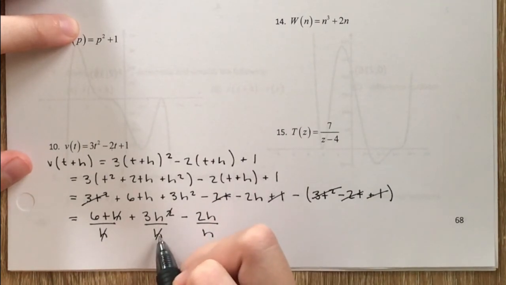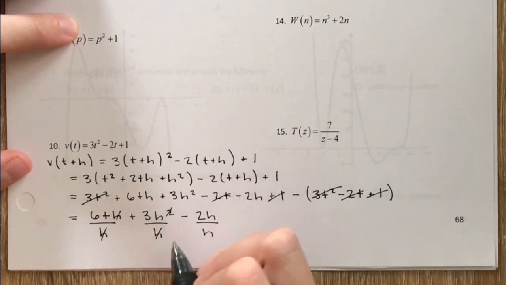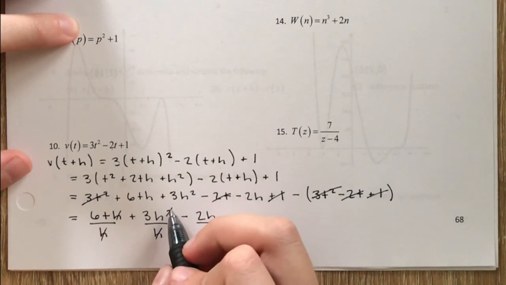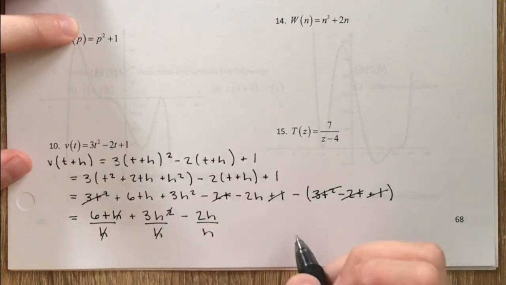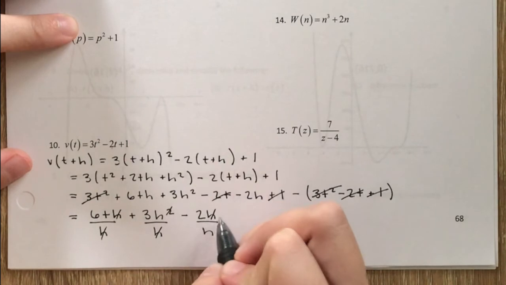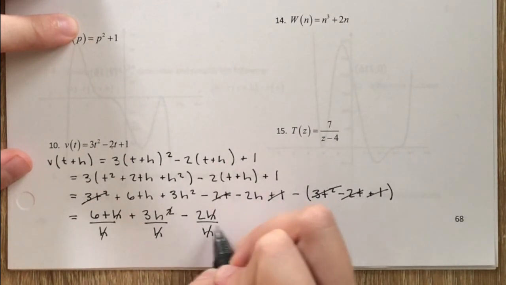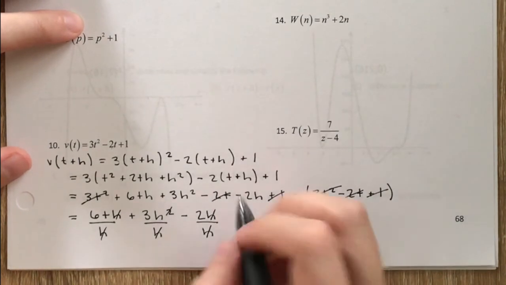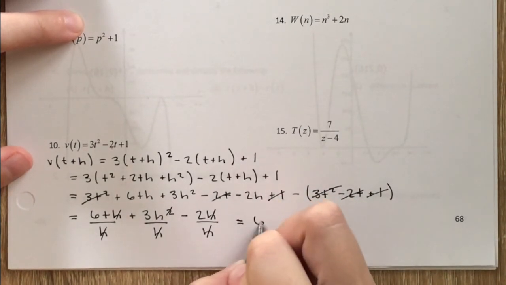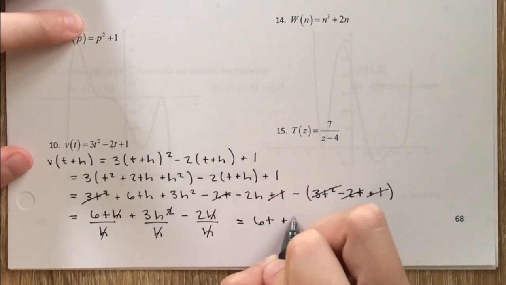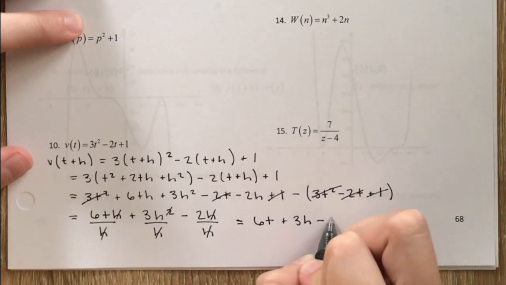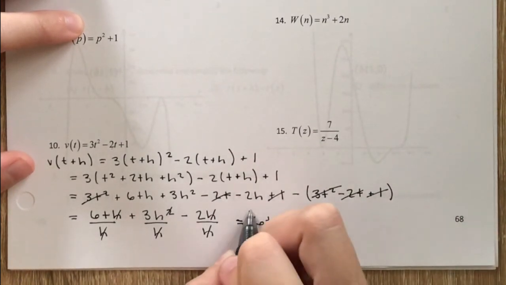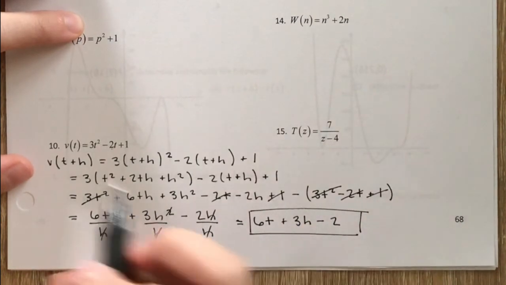This h underneath will cancel with one of the two h's on top, so we are not squared anymore, we just have 3h. And then 2 times h divided by h, multiplication undoes division, so these h's undo each other, and we are left with 6t plus 3h minus 2. This is the difference quotient for 10.